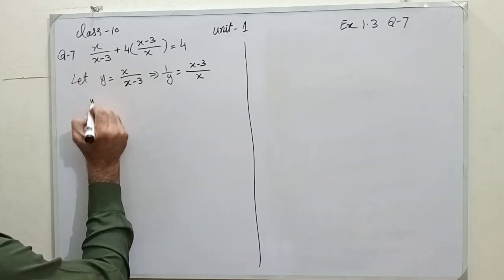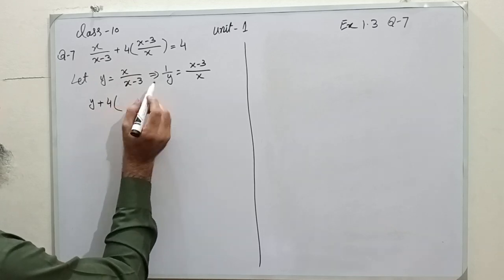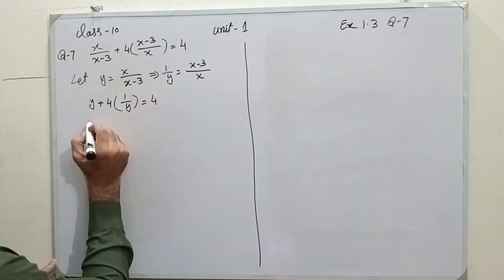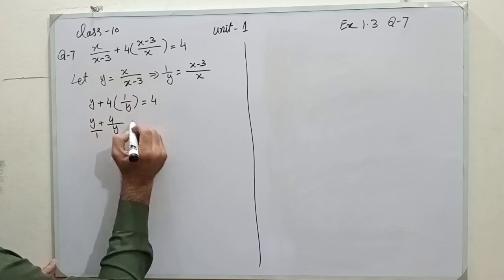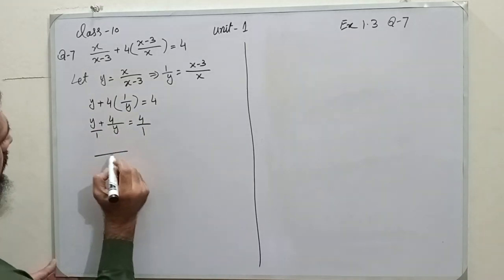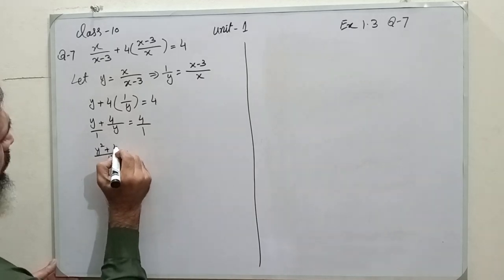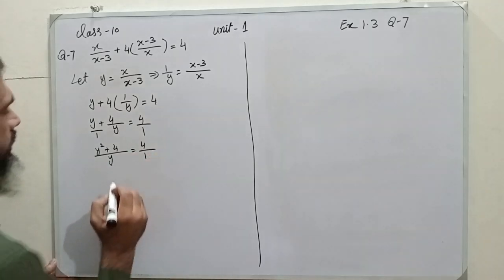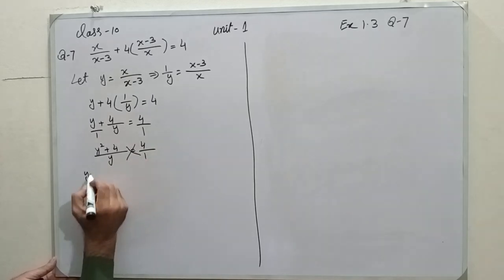So y plus 4 into 1 over y is equal to 4. This y plus 4 over y can also be written as 4 over 1. So we'll take LCM. Here y square plus 4 is equal to 4 over 1. We use the cross multiplication method.